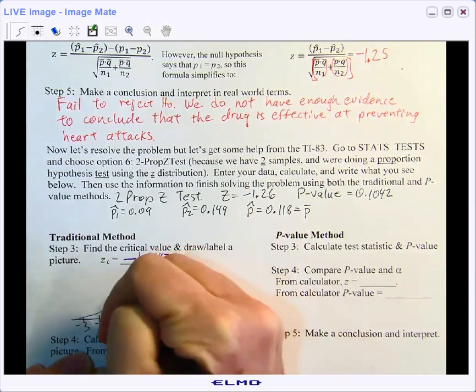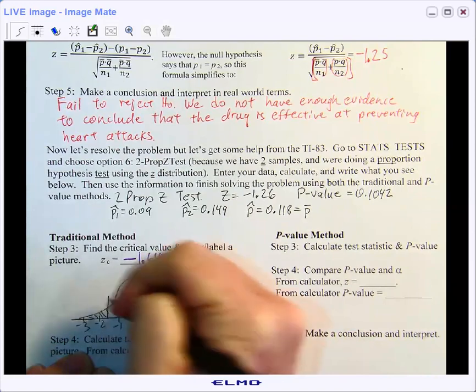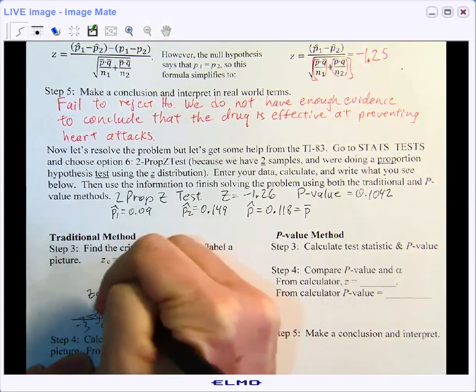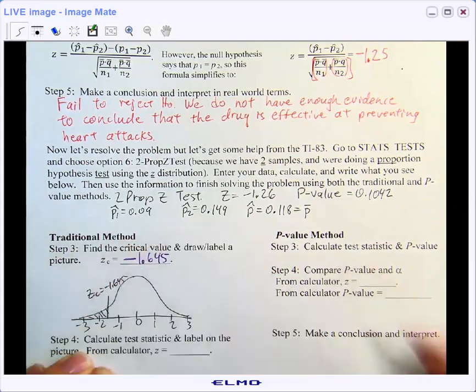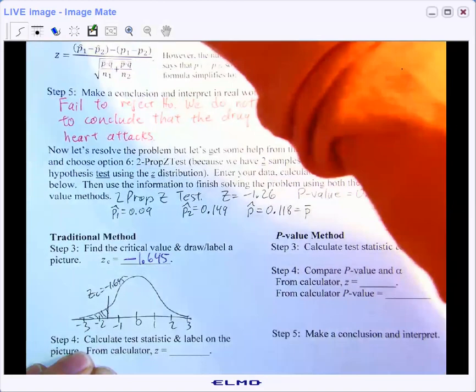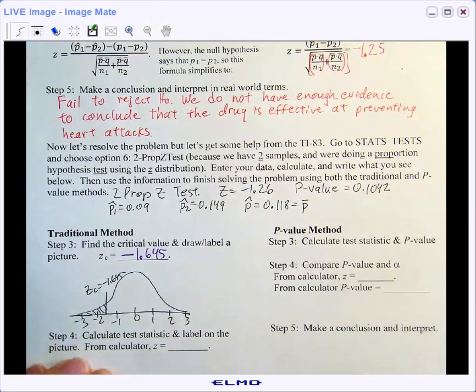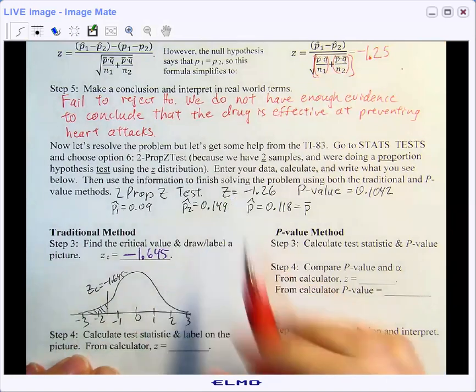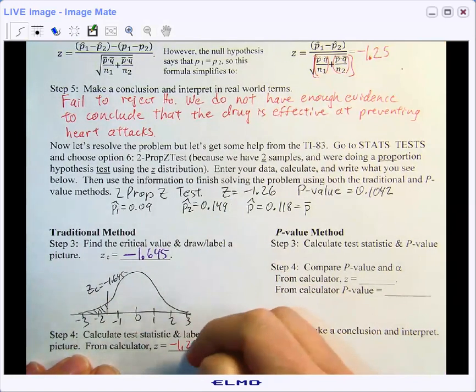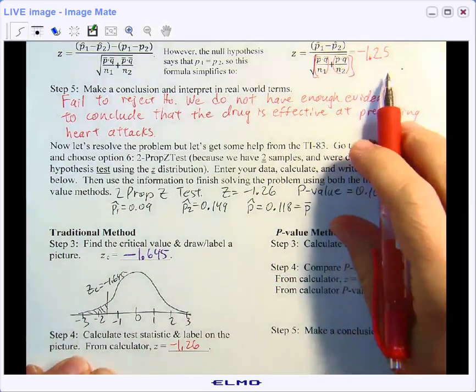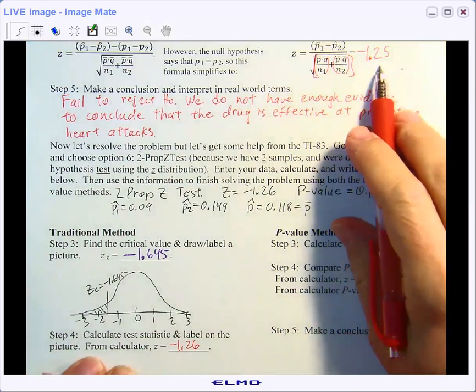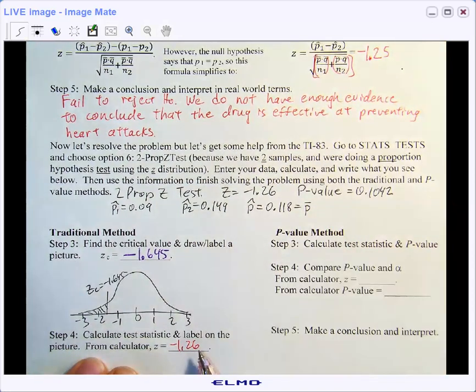Put on the critical value and make the critical region. Okay. Then we could use the calculator to find our test statistic for us, negative 1.26. Notice that that's very, very close to what we've found here. The only difference is a minor rounding error because the calculator kept more decimal places.